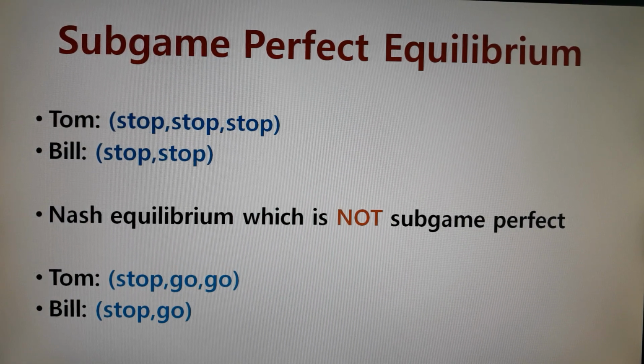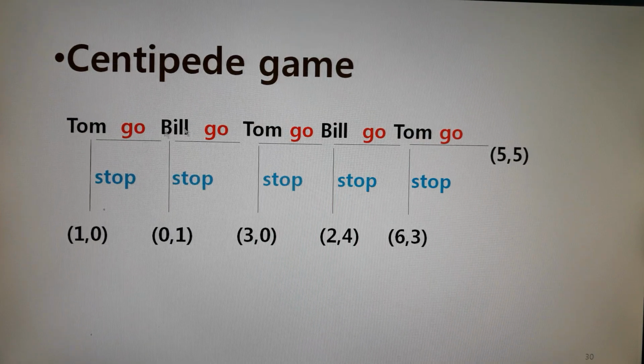However, if you ask why Tom stops? Because he can get something like 5 million or 6 million. The reason is Bill would stop. Why does Bill stop? Tom would stop. Why does Tom stop? Bill would stop.